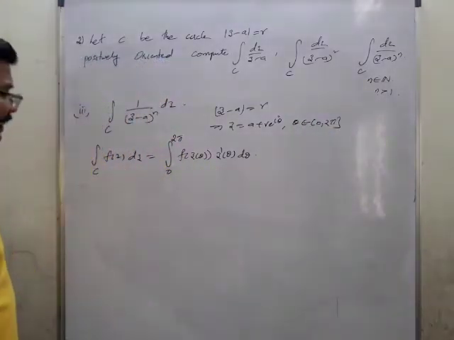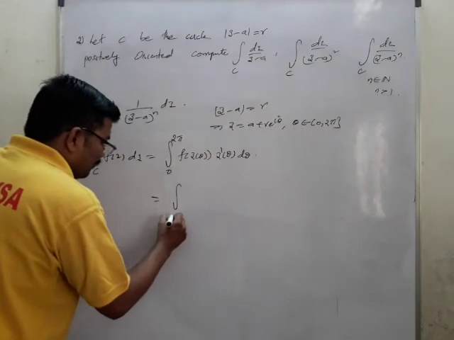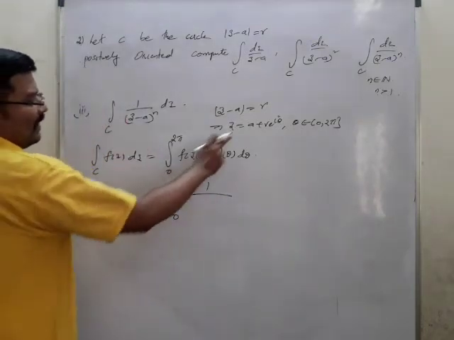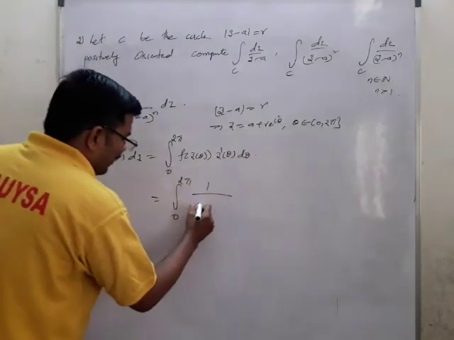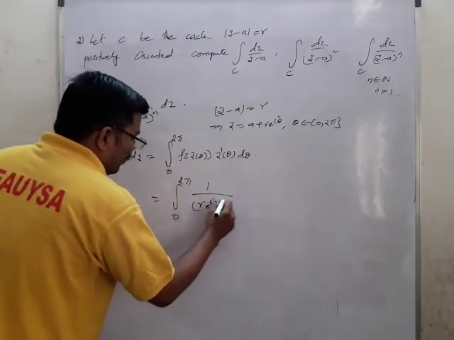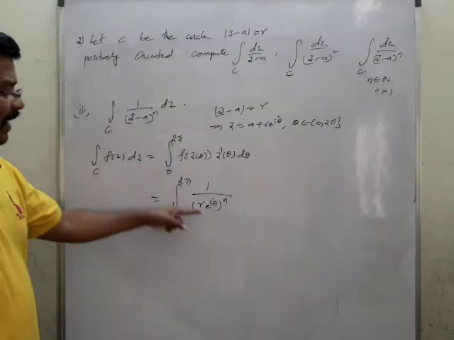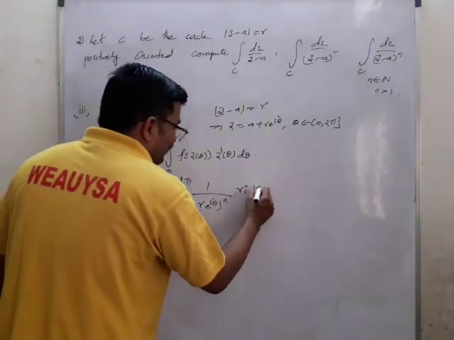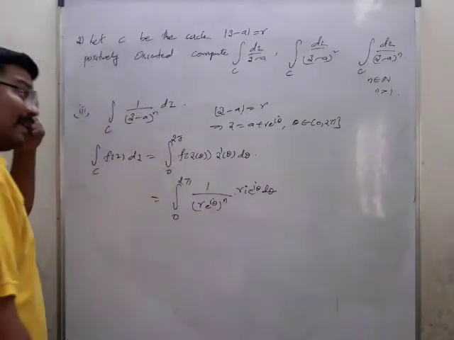So if I apply directly, this is again 0 to 2 pi, 1 by z minus a, where z is a plus r e power i theta, whole power n. The a gets cancelled now. So this is r i e power i theta d theta, the same thing.